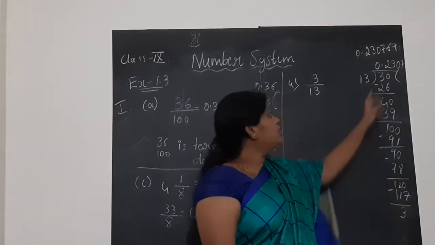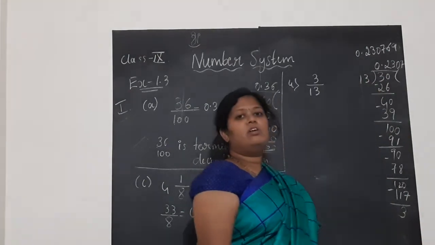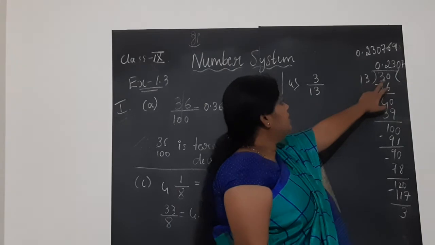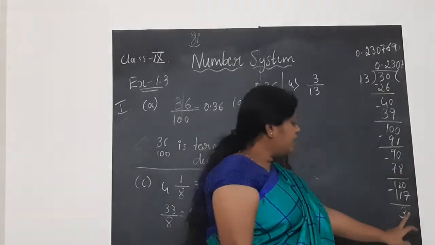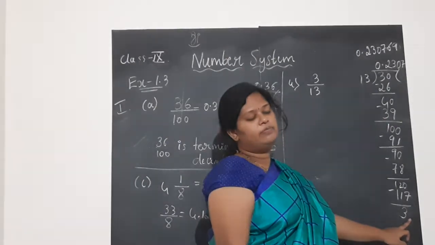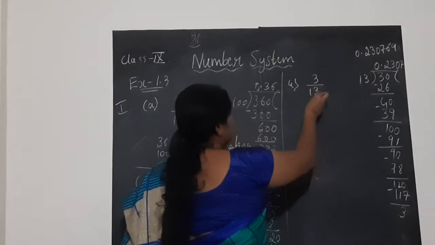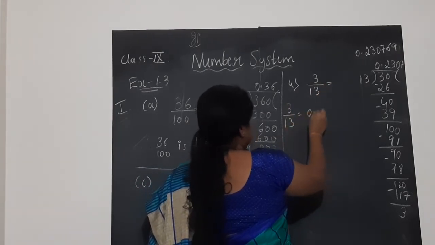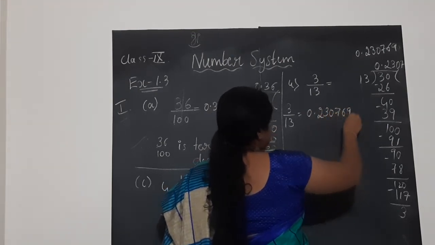Do you think we should continue by taking 0? Yes, you can continue. But what will happen? At the beginning of the problem we had 3, and again we are ending up with 3. Even if you continue, what we have presently for 3 divided by 13 is the decimal expansion 0.230769.